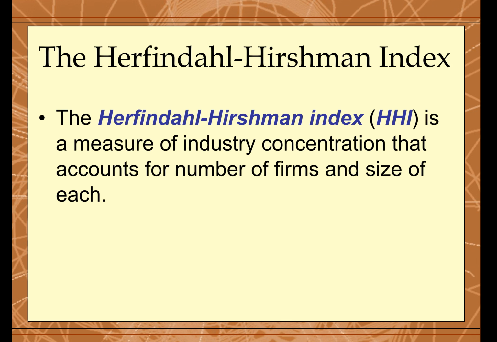Now, here's the second way of measuring market power, the Herfindahl-Hirschman Index. It's usually referred to as HHI. And this is superior to the concentration ratio because this not only takes into account market share, but it also takes into account every single firm in an industry, not just the 4 largest.